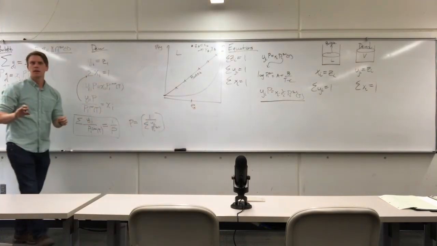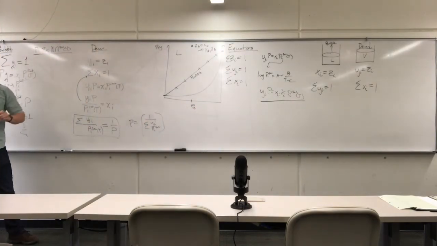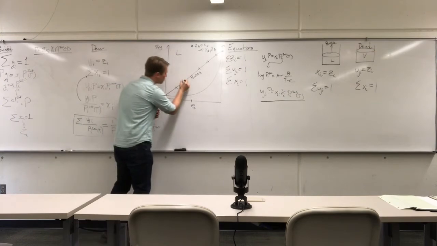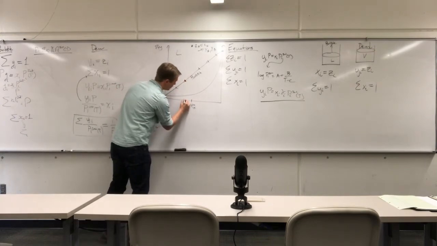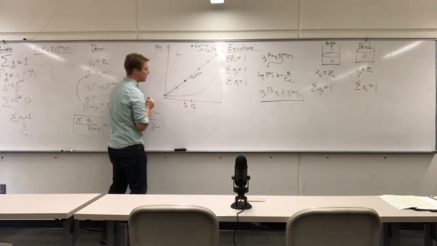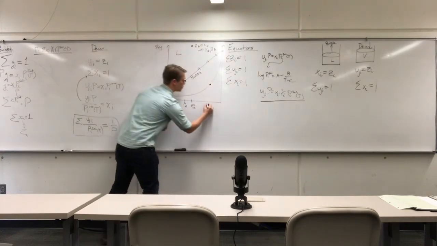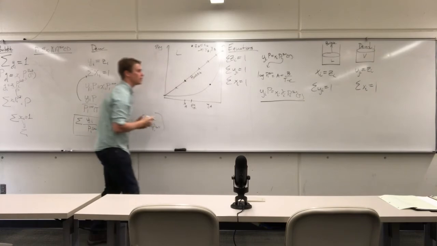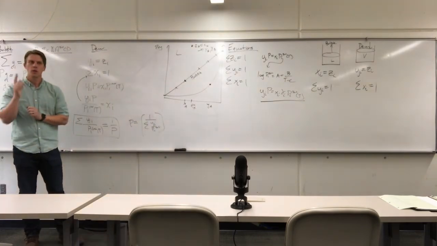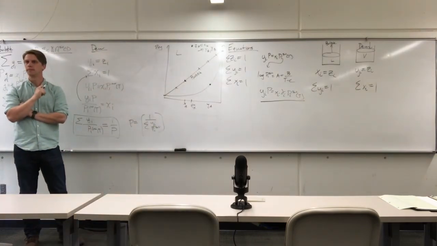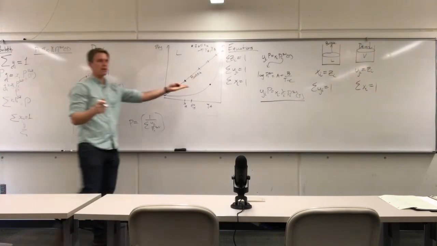Then, how do I cheat the system and get my dew curve? What is the relationship between this point, X of A, and this point, which corresponds to the mole fraction of A in the vapor phase? What is an equation that relates those two? Yeah, it's modified Raoult's law.